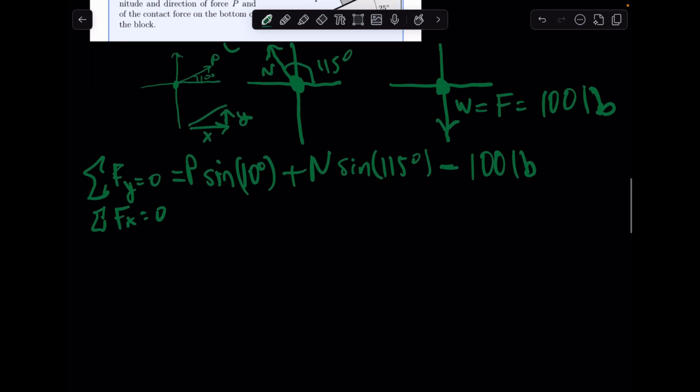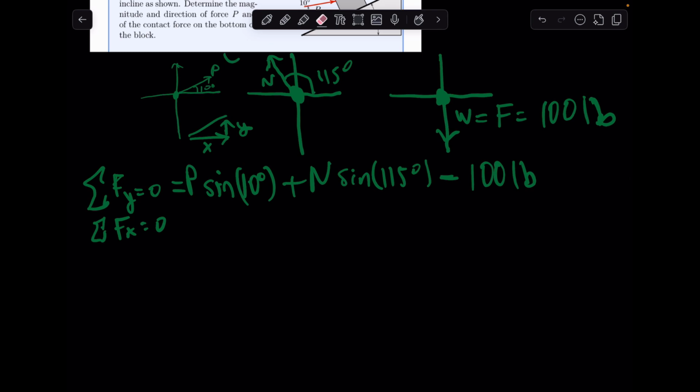And now let's solve for the x direction. So for the sum of the forces in the x direction, we're going to do the same. We're trying to find the x component of this. So how do we find the x component? P cosine 10 degrees plus, now we find the x component of the N, cosine, which is this one right here.